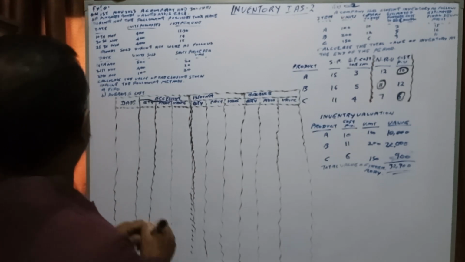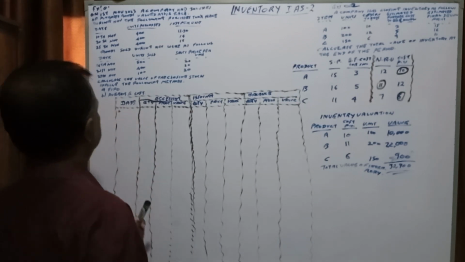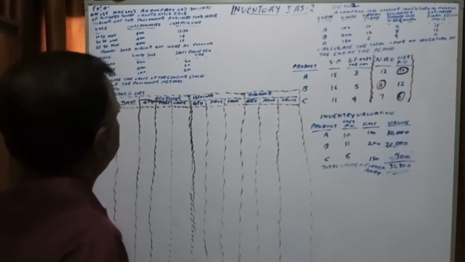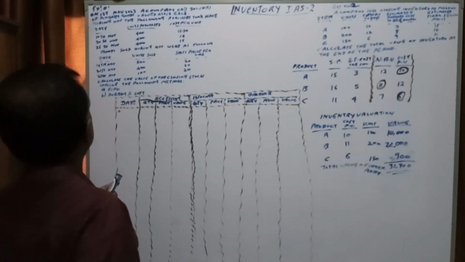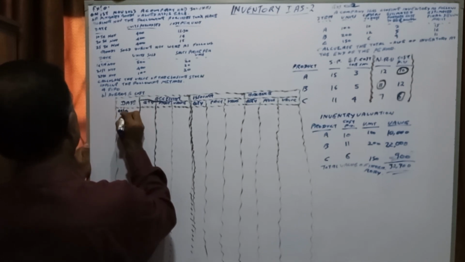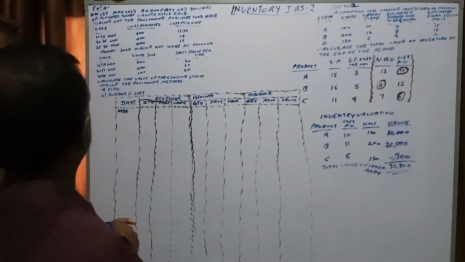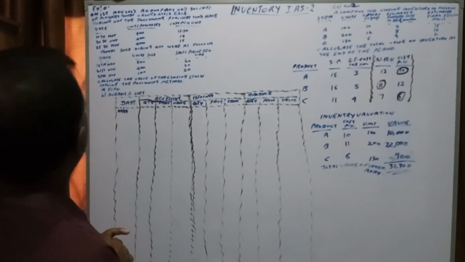So at the beginning, 1st of November, they say balance brought forward.